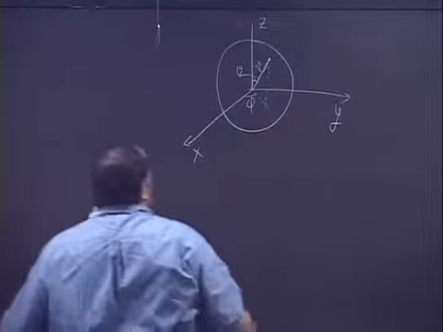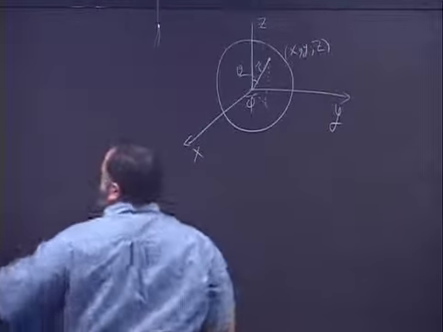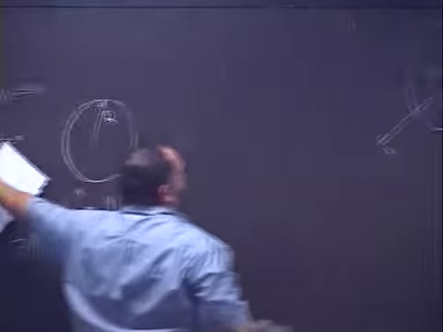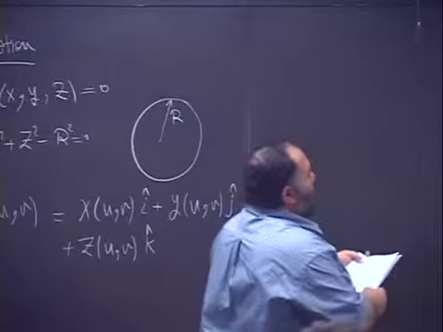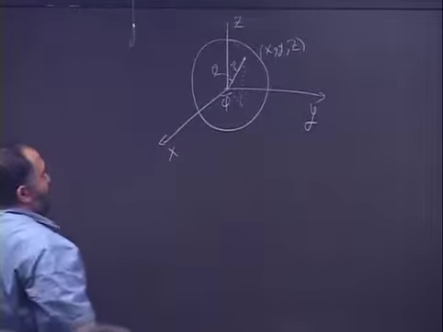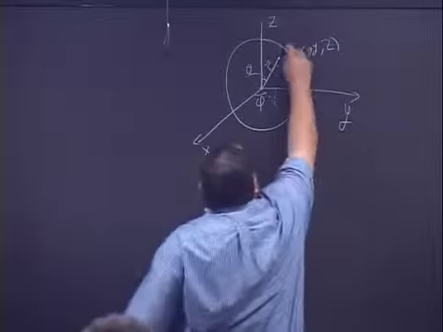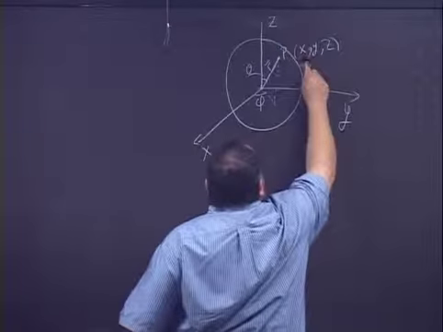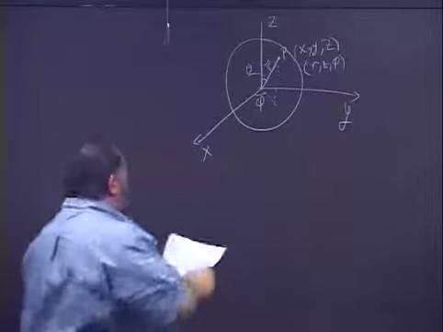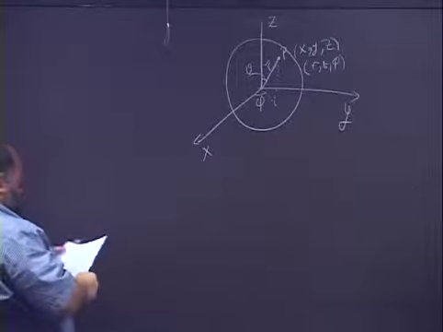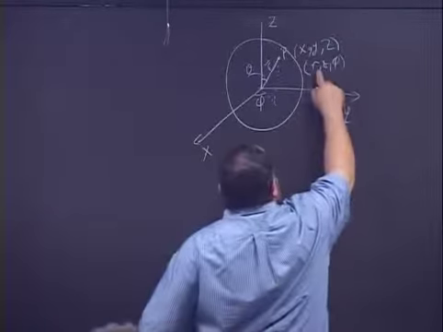Instead of just giving the position x, y, and z, the representation in the explicit form will be x squared plus y squared plus z squared minus r squared equal to 0. We can represent it now with two parameters. Every point, let's say P, can be represented by r, theta, phi, for example. And because r is constant, it will be represented by theta and phi only.